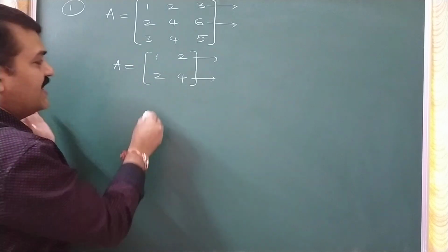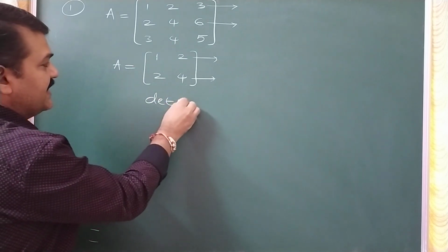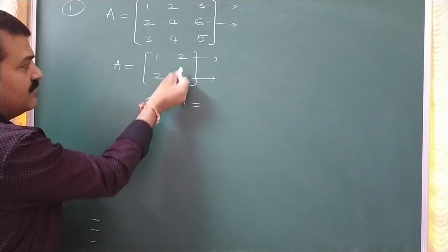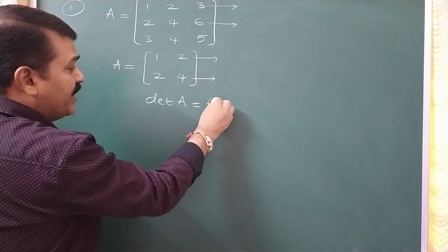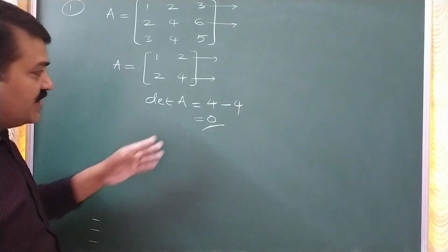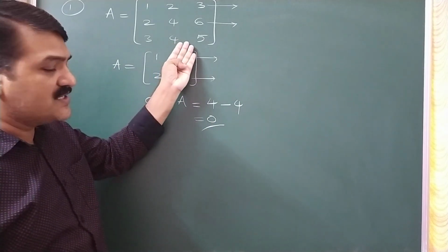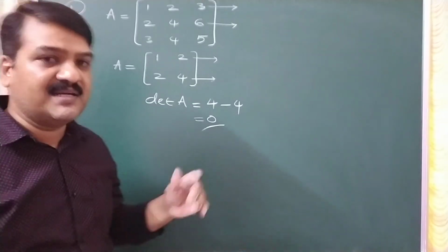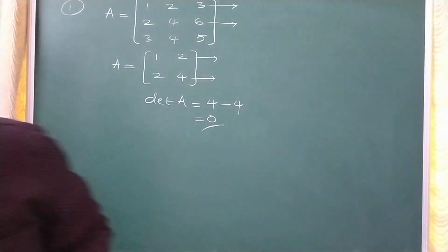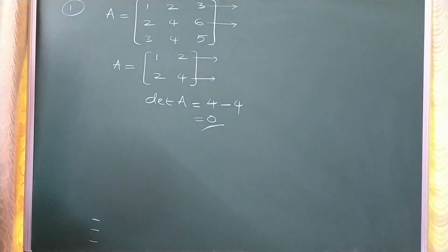If you find the determinant of this, it is 1 into 4 minus 2 into 2, that is 4 minus 4, clearly 0. Even for a 3 by 3 matrix, if you expand the determinant, you will definitely get 0.